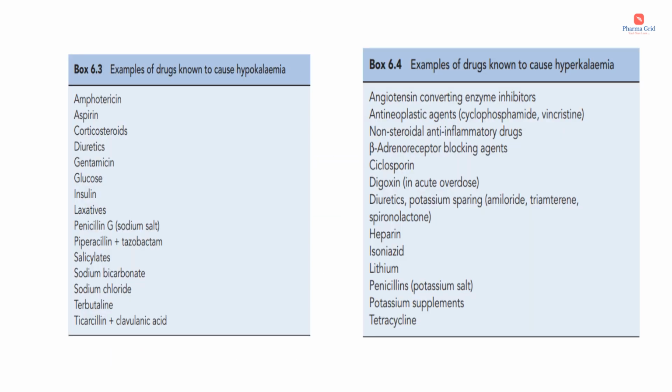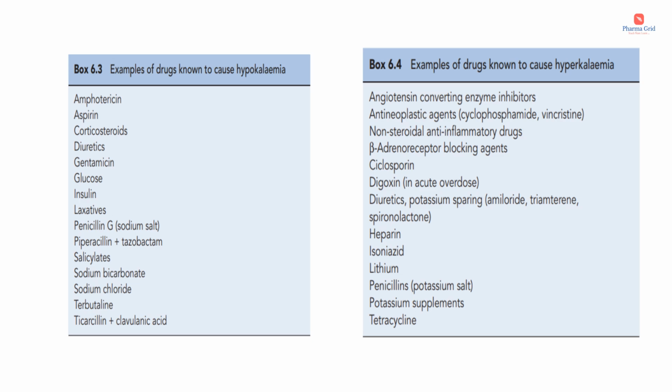So in this slide, I have included the drugs known to cause hypokalemia as well as hyperkalemia. So examples of drugs known to cause hypokalemia include amphotericin, aspirin, corticosteroids, diuretics, gentamicin, glucose, insulin, laxatives, penicillin G, sodium salt.